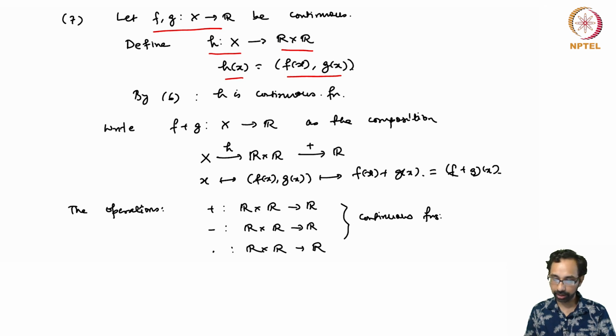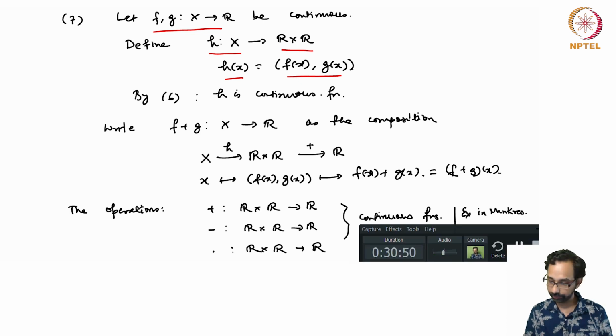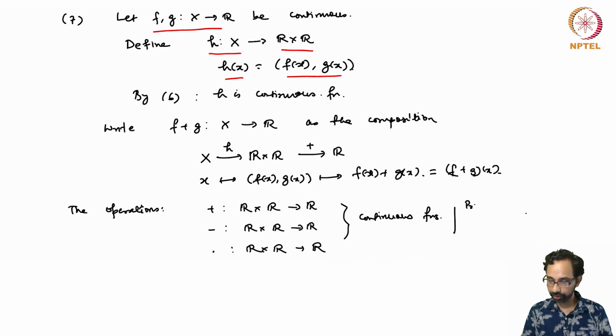You will find an exercise in Munkres which gives you some details about the proof of these results, outlined in exercise 12 in section 21 in Munkres. So you can check that out and try to prove it yourself.